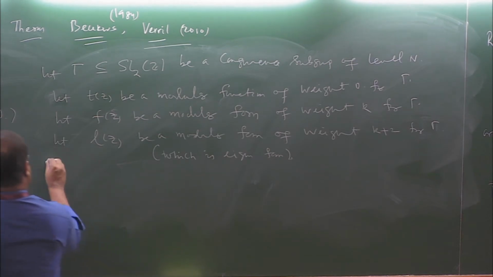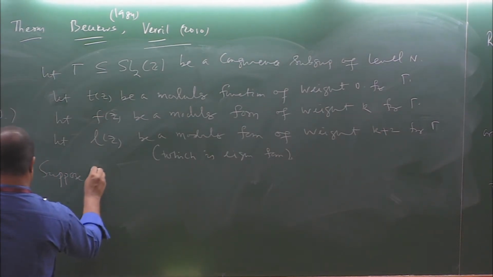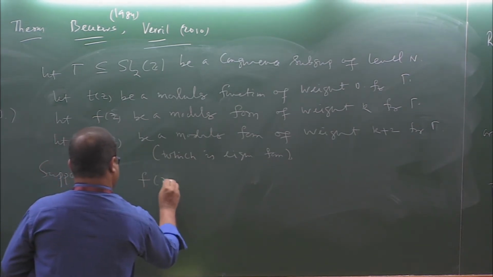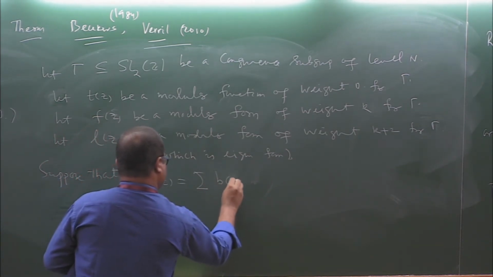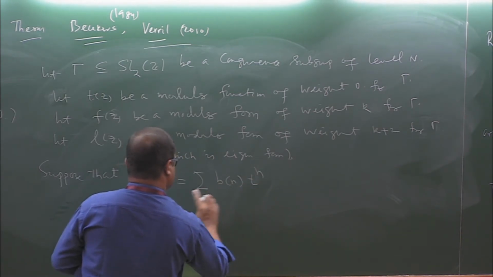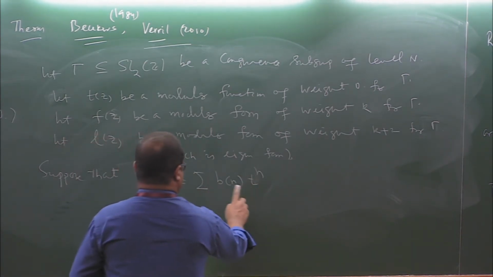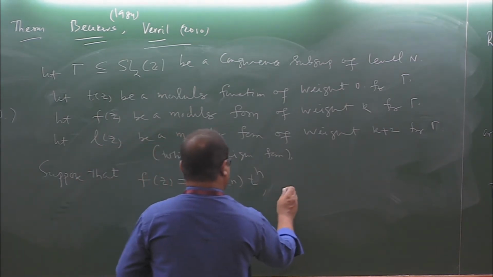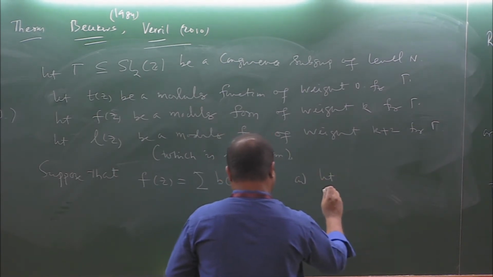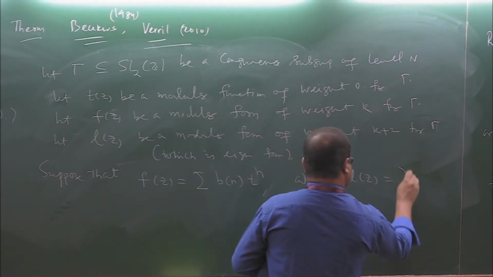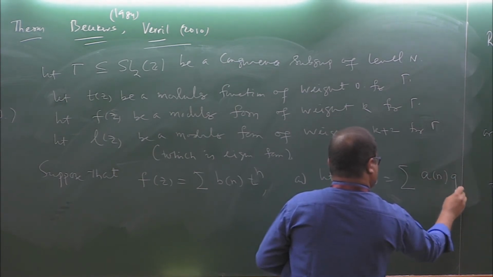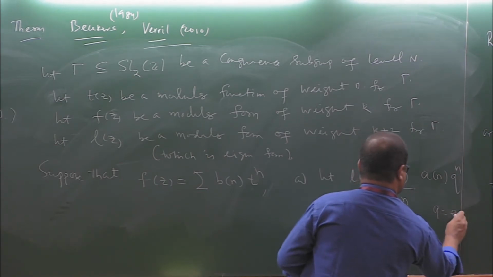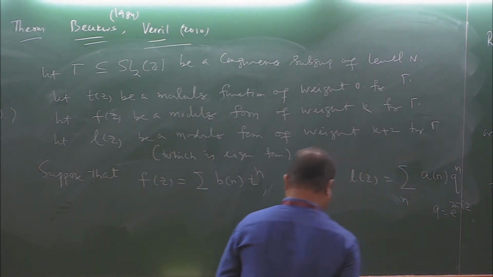And suppose that f(z) equals something like the sum of b_n t^n, when you expand f(z) as a power series in t, and let L(z) have a Fourier series expansion, where the a_n's are the Fourier coefficients and q is e^(2 pi i z).